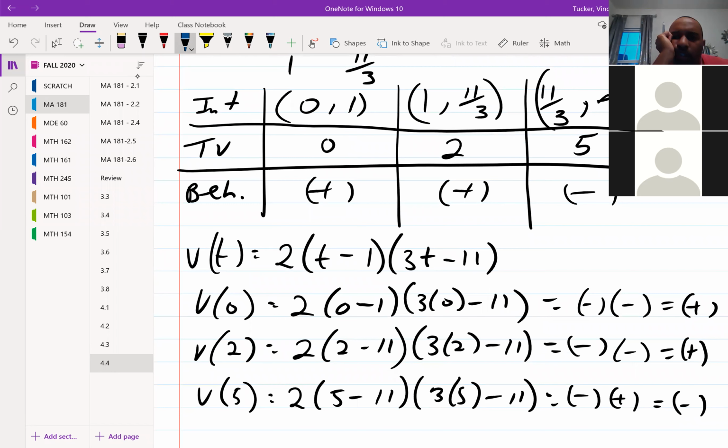Something's not right. What am I missing? Because it's supposed to be increasing, decreasing, increasing. I have my intervals right, 0 to 1, 1 to 11 over 3, and 11 over 3 to positive infinity. So that's right.